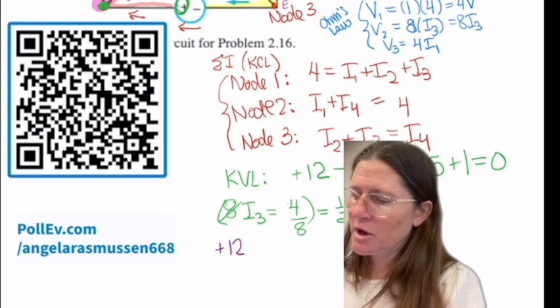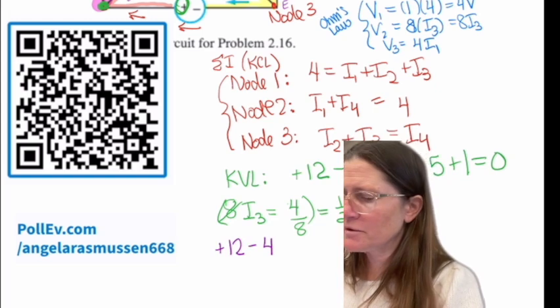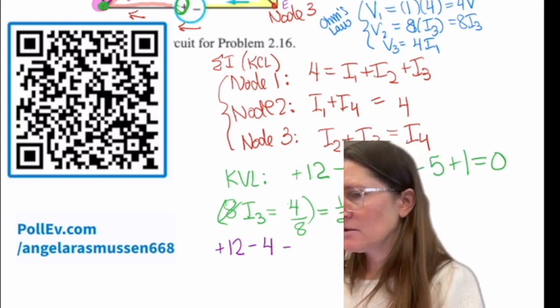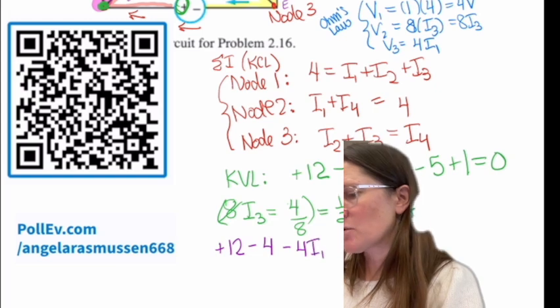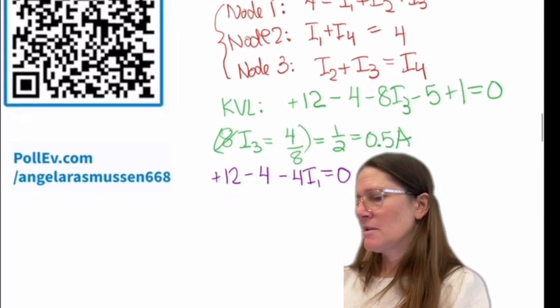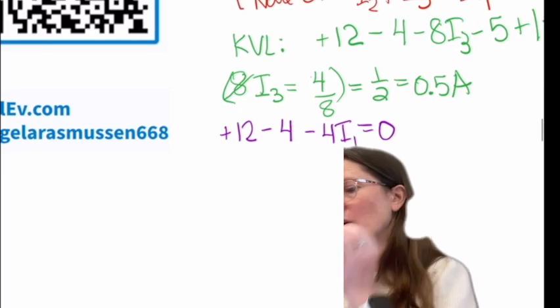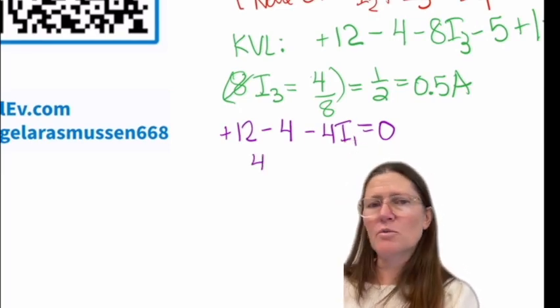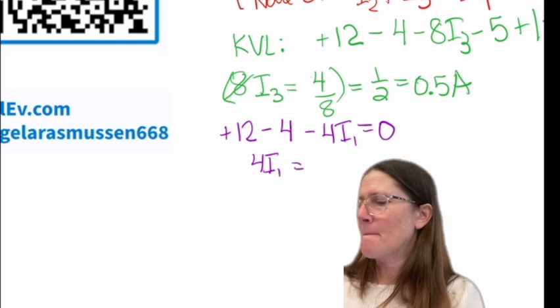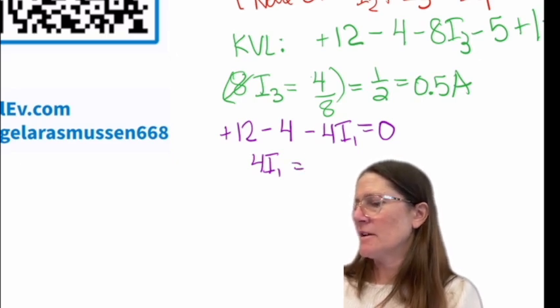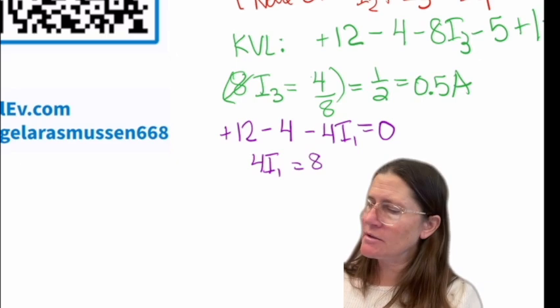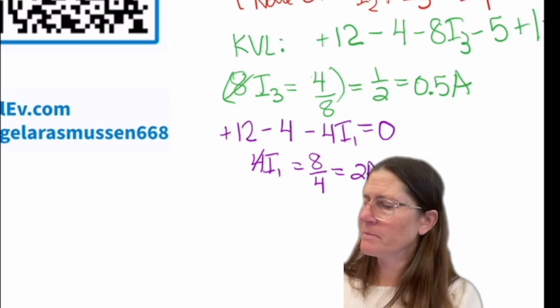So plus 12 minus 4 volts minus 4I1 equals 0. So now solving this, I have 4I1 is equal to 8. And so this will be 2 amps.